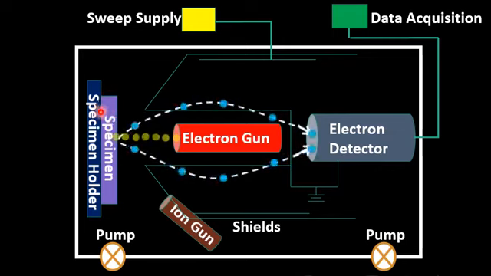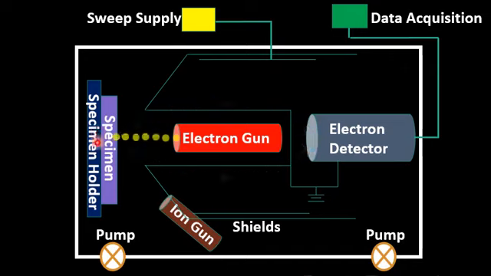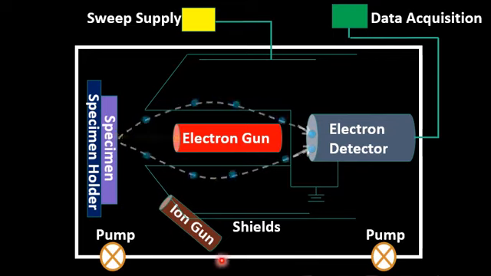Students, in some Auger electron spectroscopes there may be a shutter. The shutter opens and closes in order to control the emission of Auger electrons. The Auger electron spectroscope has an electron gun and ion guns. The role of the ion gun is to clean the sample surface.